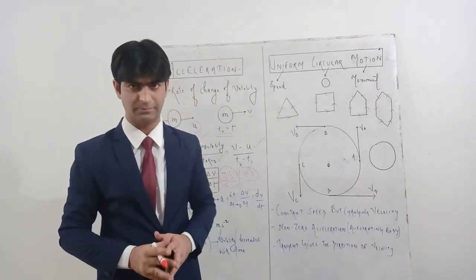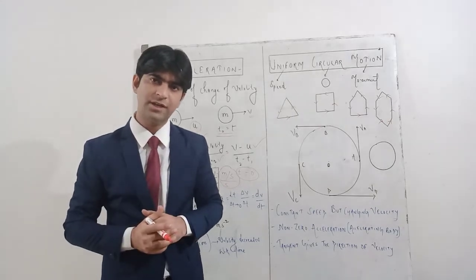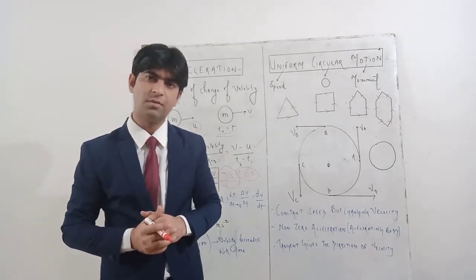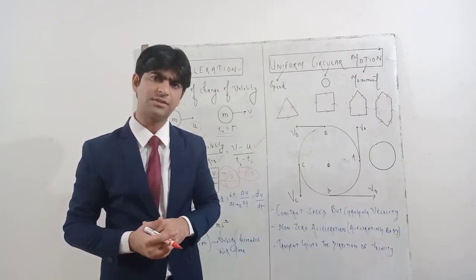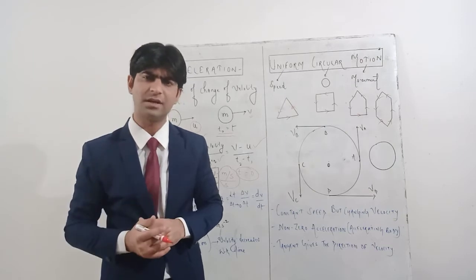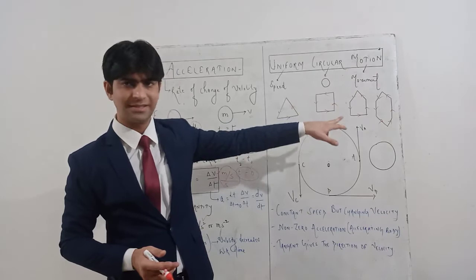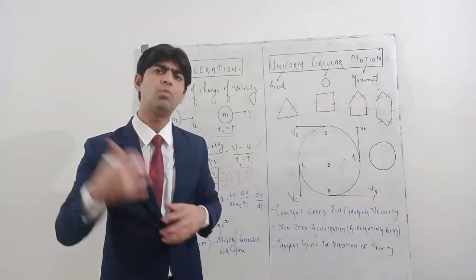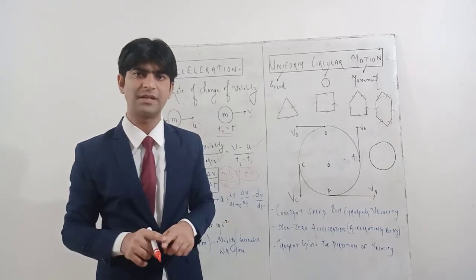N number of times. Polygon means a closed figure with n number of sides: triangle, rectangle, pentagon, hexagon, septagon, octagon, and so on.